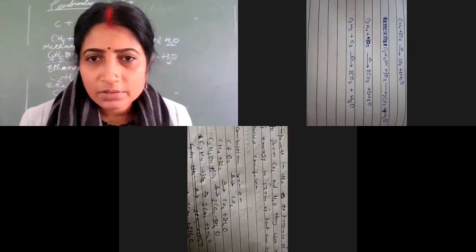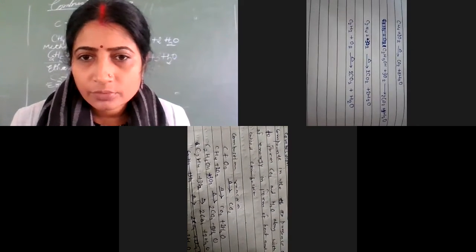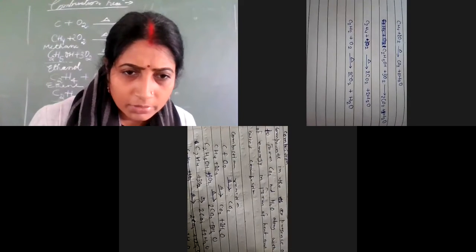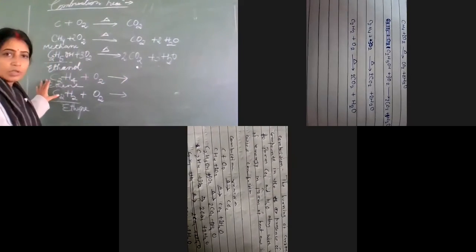First one you have done. How many oxygen is it? 4 and 2, 6. Okay, H4 है. Where have you written, Kasik? I'm not getting. Okay, 2H2O. So all of you have done this one.